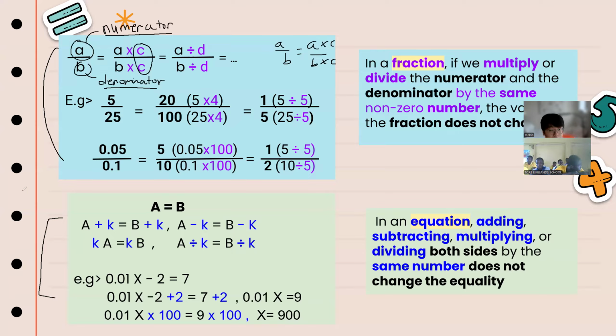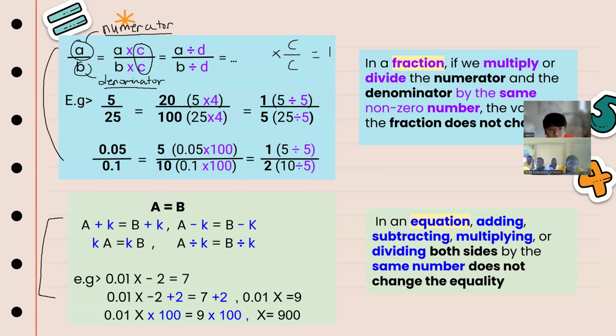And the reason behind this is we're multiplying by c over c. What is c over c? It's 1, right? It's just 1. If you multiply a number by 1, it's the same number, right?